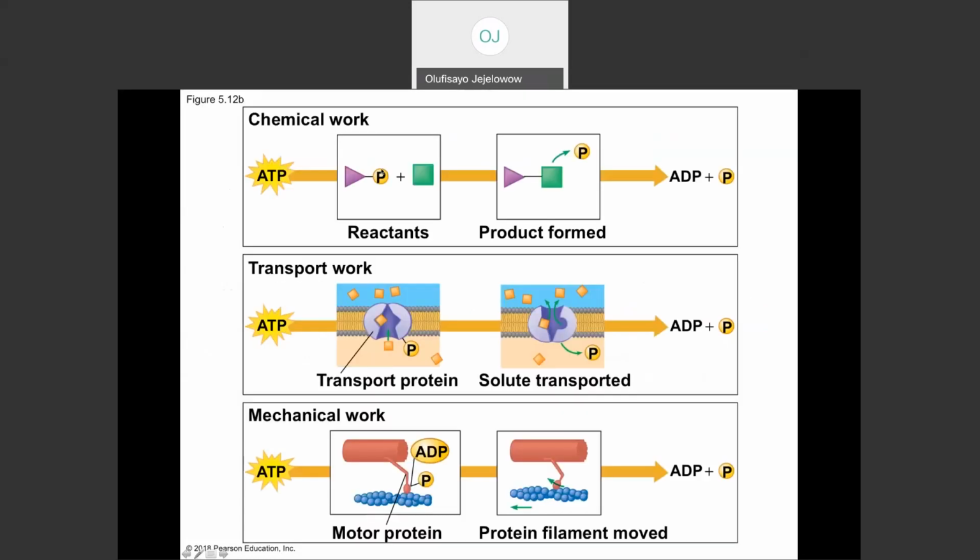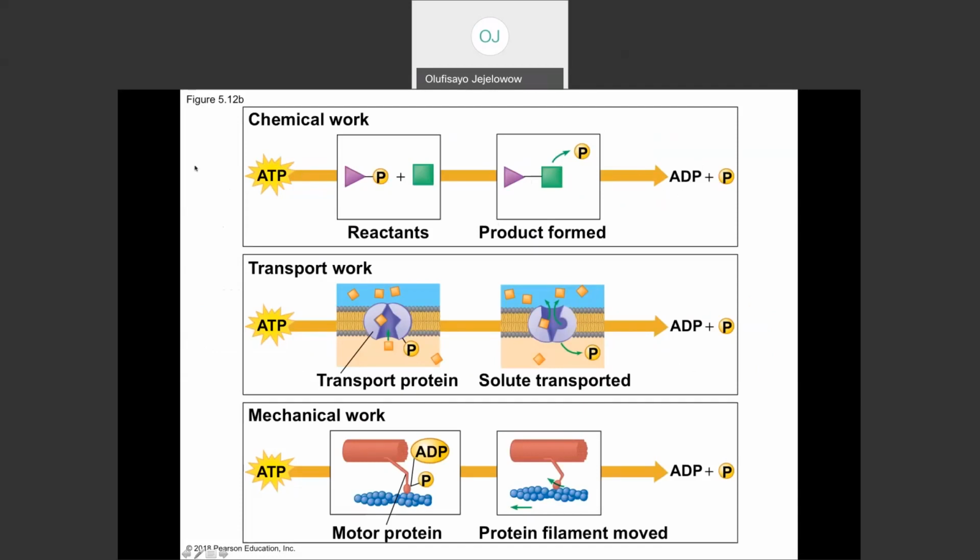So to do chemical work, ATP gives the phosphate group to phosphorylate the reactants, making the product formation possible. As soon as the product is formed, the phosphate group is released again into the cytoplasm, and there's always a pool of ADP, adenosine diphosphate, and phosphates there in the cytoplasm.